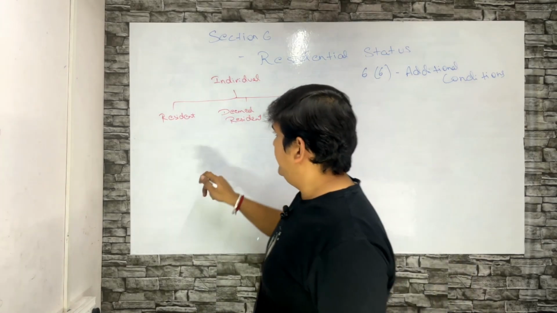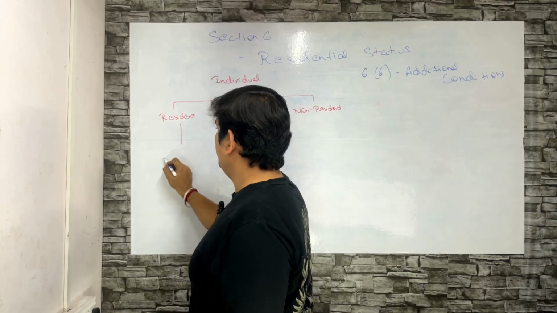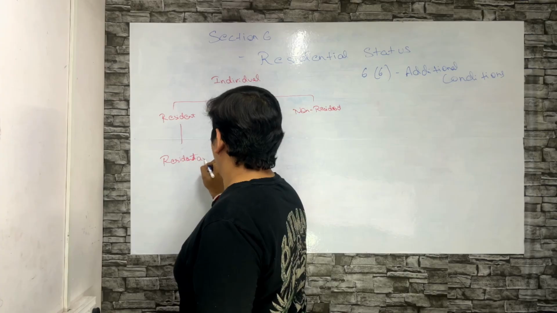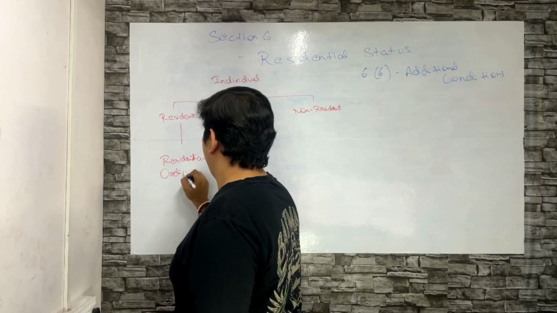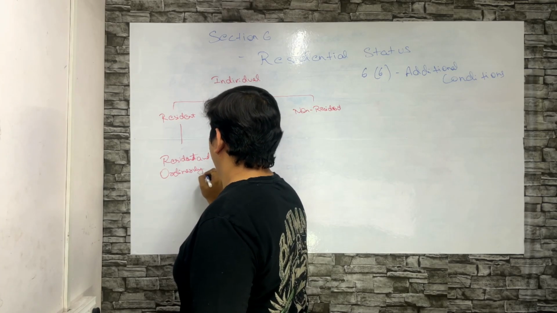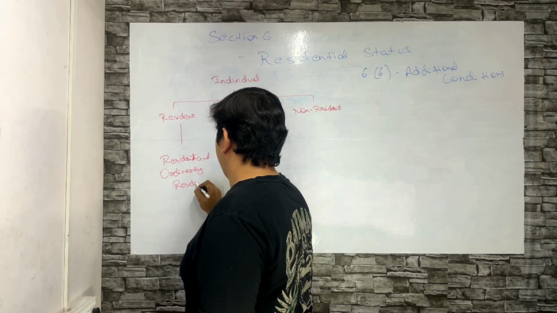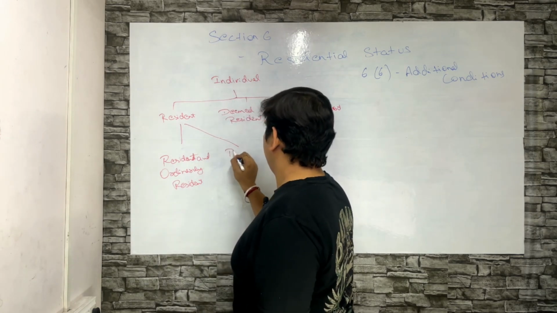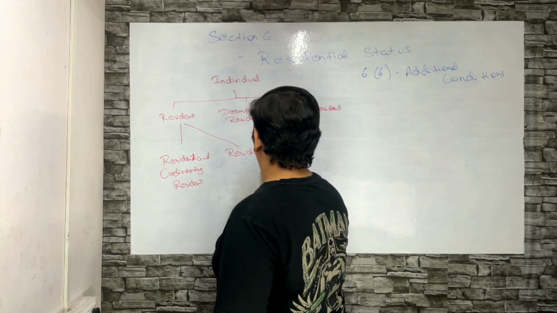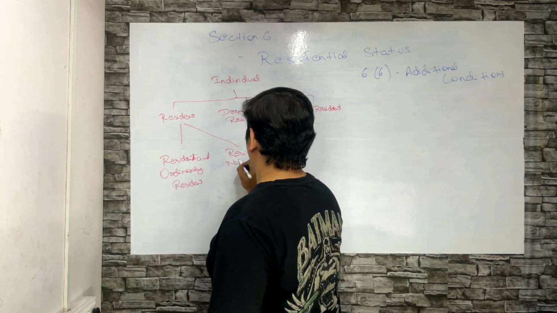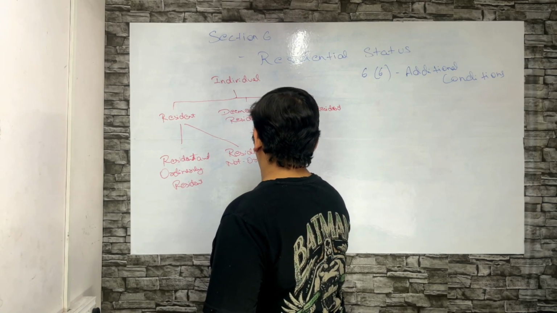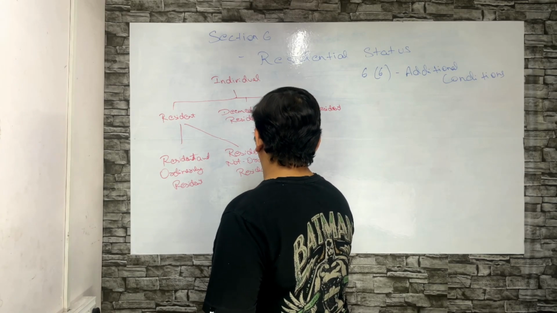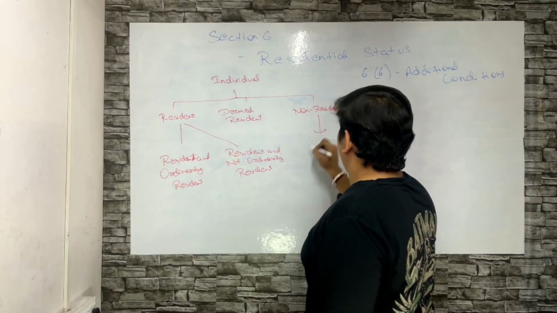Under resident, you have 2. One is resident and ordinarily resident. Second is resident and not ordinarily resident. And the third category, as we know, non-resident.